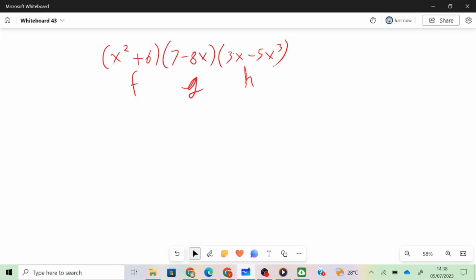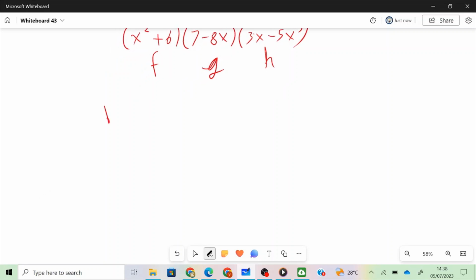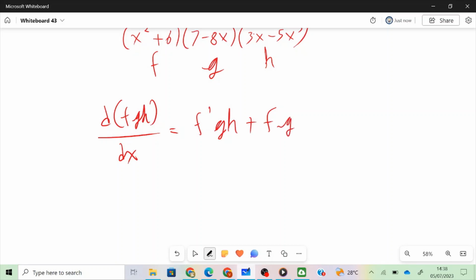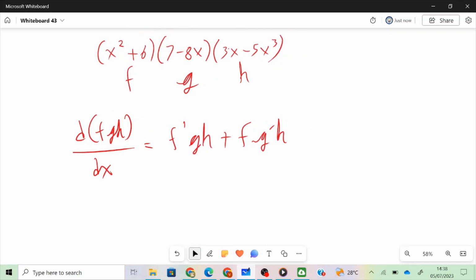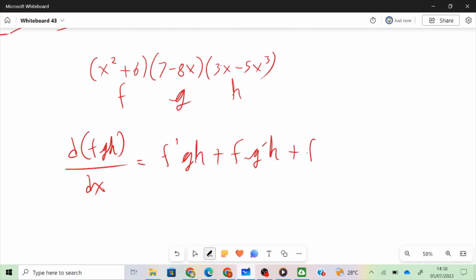So we are to find the derivative, so we have d(fgh)/dx equal to our formula, as we said, was f prime gh plus f into g prime h. Again, prime is just the derivative of that particular expression, plus fgh prime.